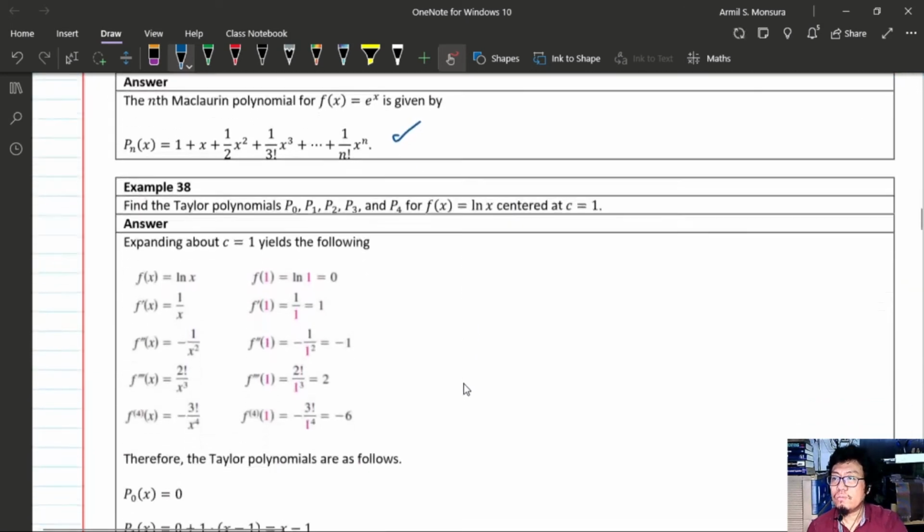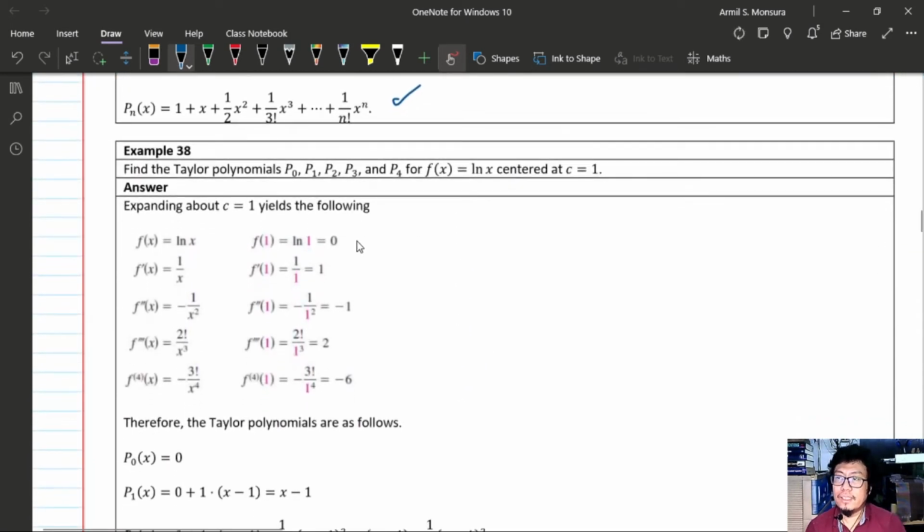So let's try to find the Taylor polynomials P0, P1, P2, P3, and P4 for f of x equals ln x centered at c equals 1. So our center is at 1. We're looking for Taylor polynomials because the center is non-zero.